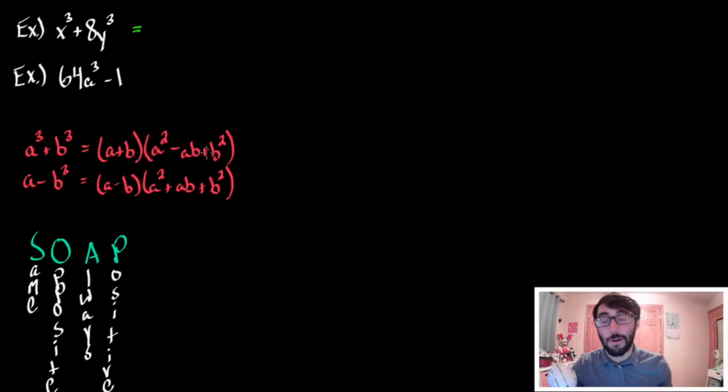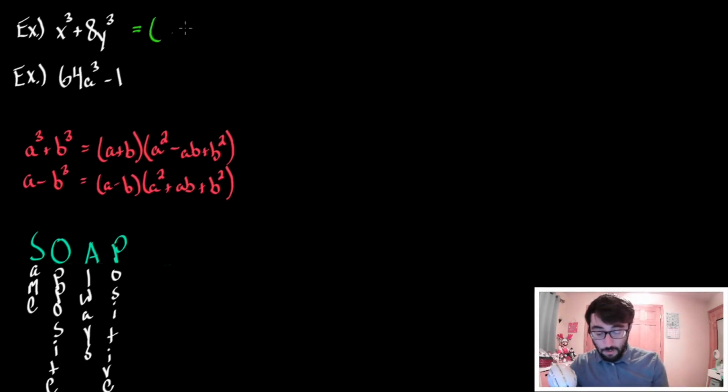So always look for a greatest common factor first. But if there is no greatest common factor, or you already took it out, and you're looking at that trinomial, it is actually never going to be factorable by our traditional means. So you can always realize that that trinomial is as done as it can be. The binomial, though, in special cases, actually could be factored further, so you still have to look out for that.